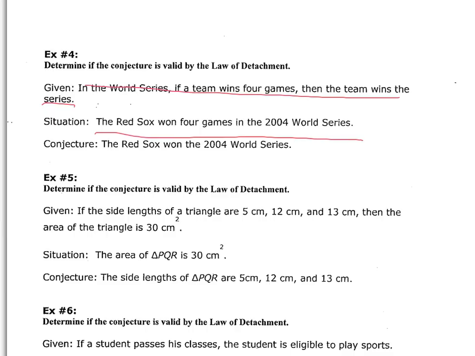Okay, well, if we know that if P is true, then Q is true. Okay, so since the Red Sox won 4 games in the World Series, and our conjecture is that the Red Sox won the 2004 World Series, this, of course, is valid by the law of detachment. Okay, so this one would be valid. Okay, if P, then Q. We know P is true, so Q is true.